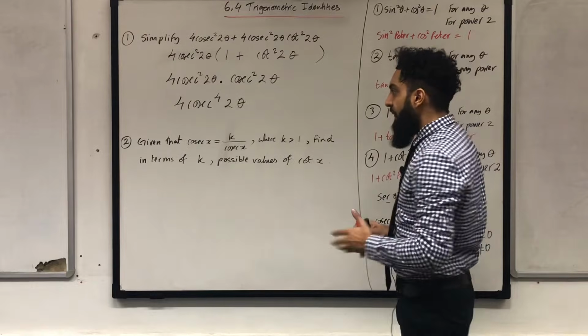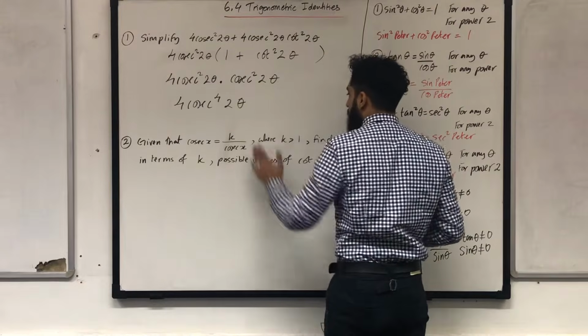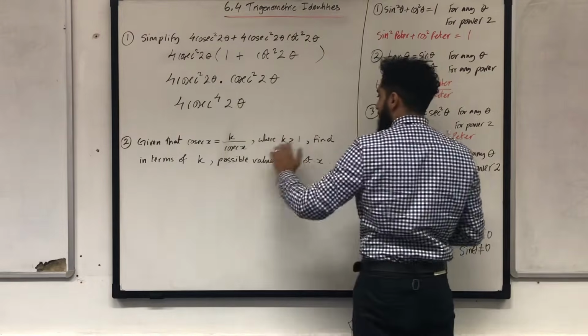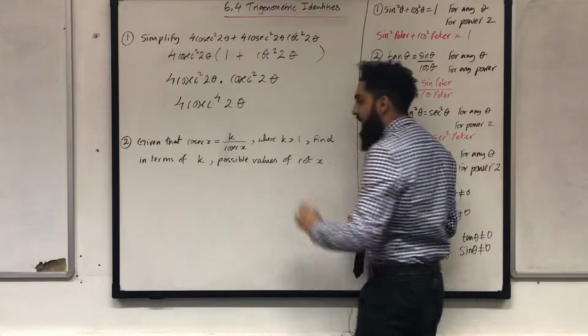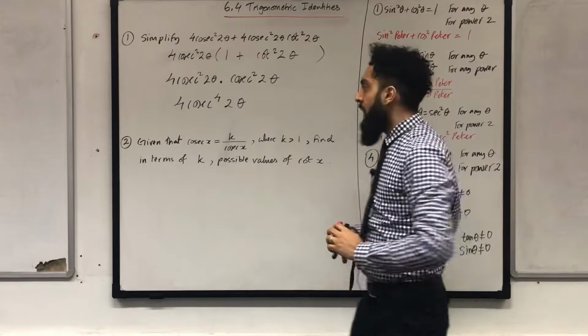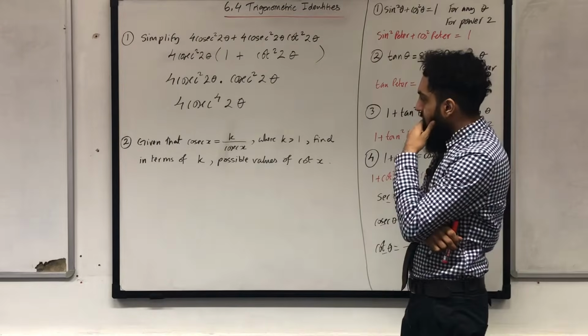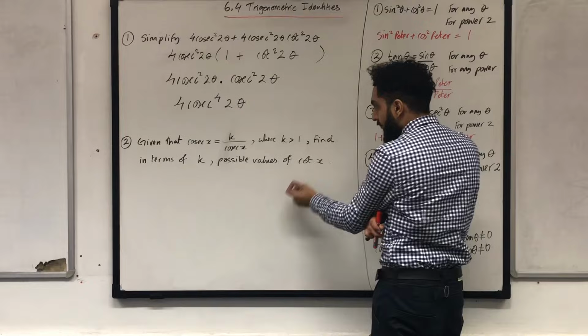Question number 2, given that cosec x is equal to k over cosec x, where k is greater than 1, find in terms of k possible values of cot x. Now, cot x, cosec x.